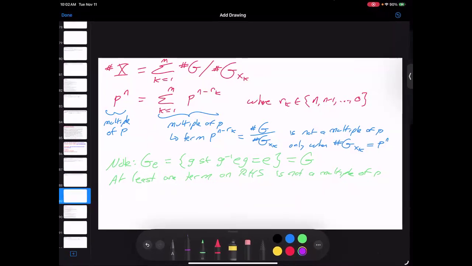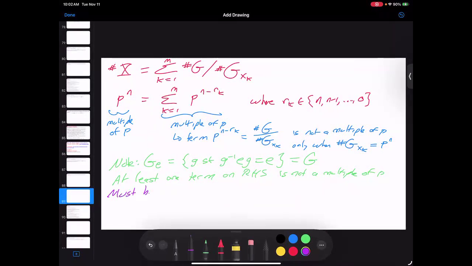So there must be at least one more element with stabilizer of size p to the n.